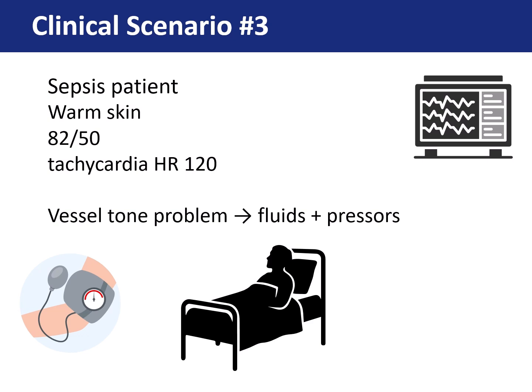Okay, number three, you have a sepsis patient. Right then and there, sepsis patient, vasodilation. Patient has warm skin, a low blood pressure, 82 over 50. They have tachycardia, the heart rate is 120. So they have a vessel tone problem. They have vasodilation because of the sepsis.